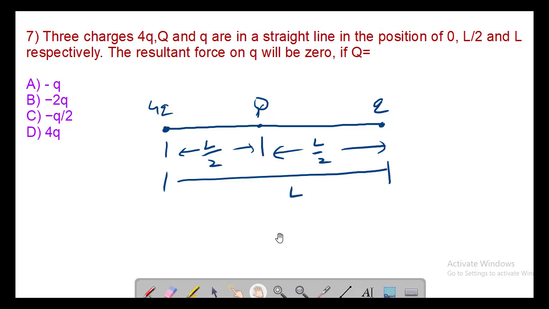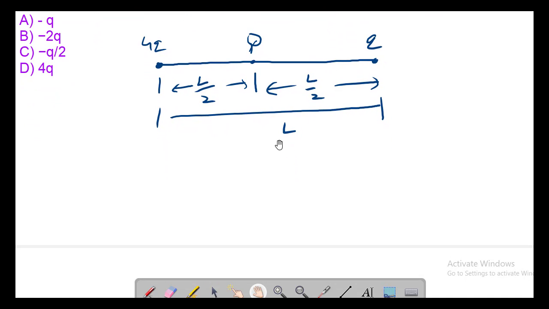So what we'll do, we will write the force because of 4q on small q, and the force because of Q on small q. So let the force be F1. Now 4q and q both are positive, so there is a force of repulsion between them. So we write 1 upon 4 pi epsilon 0, 4q into q.